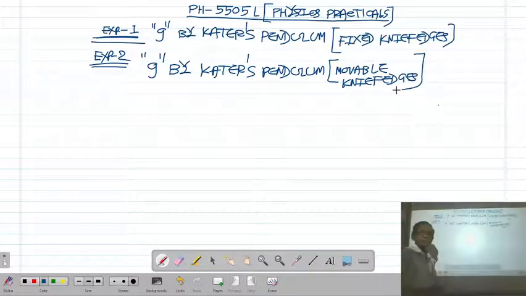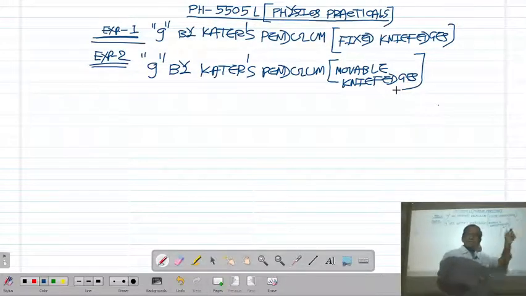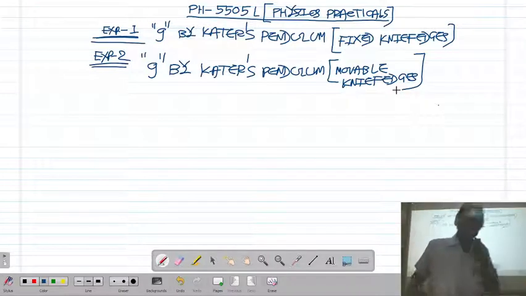So the only difference is this: in the first experiment of g by Kepler's pendulum, we had fixed knife edges and we were changing the distance between the knife edge and the bob.